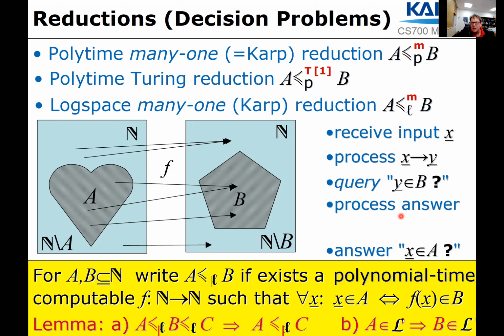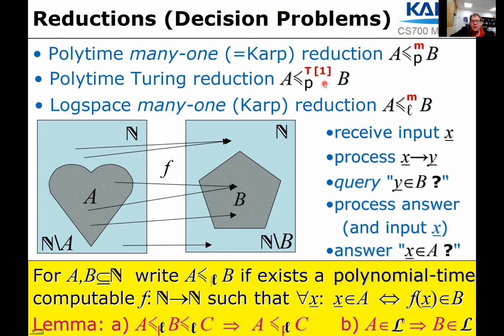The difference is whether the algorithm is allowed to process the answer and, for example, invert the answer. So, for example, the halting problem cannot be reduced to its complement, as we know, using many-one reduction. But using Turing reduction, that's pretty easy: just make a query and then flip the answer provided by the query. This is called Turing reduction with one query.